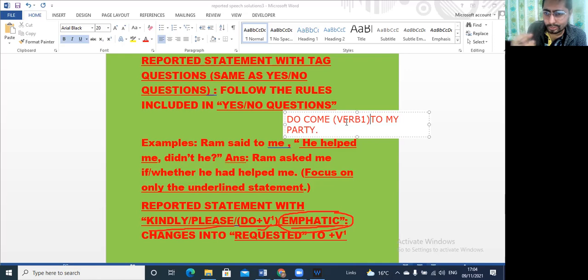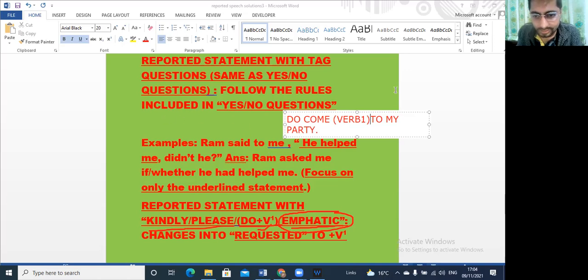We use emphatic word. Do come to my dinner. I will prepare tasty food for you. Do come to visit my office. I'm prepared to give you a party. Do come to check my bank balance. I will share some amount with you.